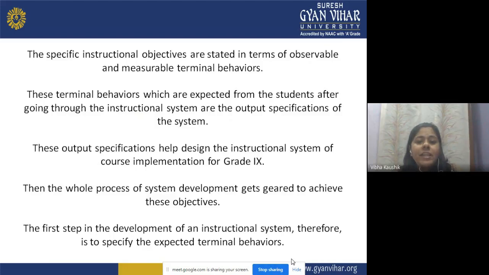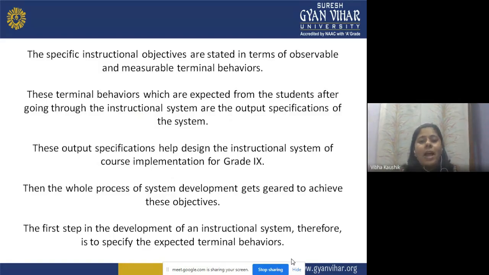The specific instructional objectives are stated in terms of observable and measurable terminal behaviors. Now, three things are there. First is objective, and what type of objective? Instructional objective. An instructional objective is a statement that describes what the learner will be able to do after completing my instruction.